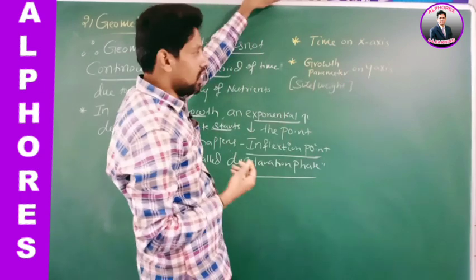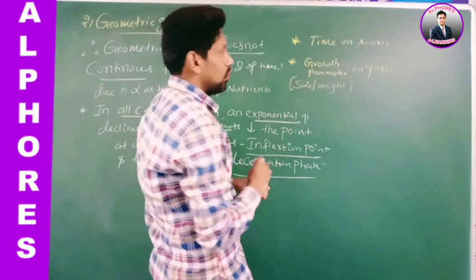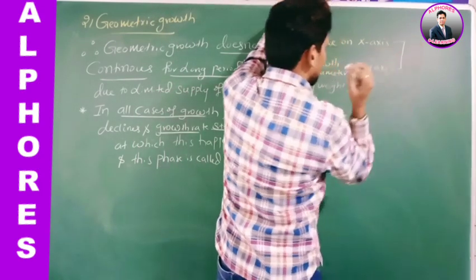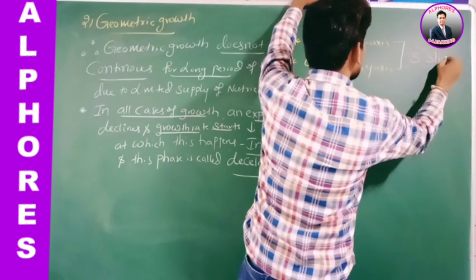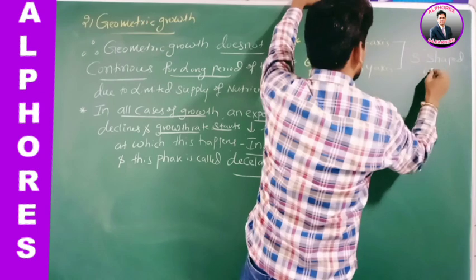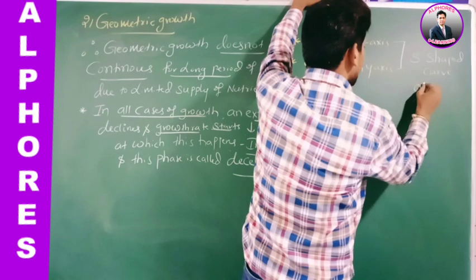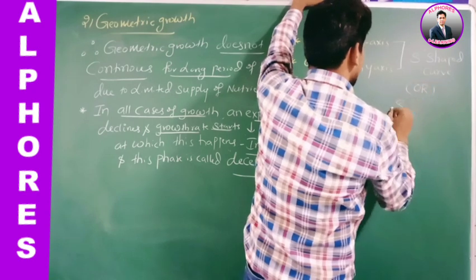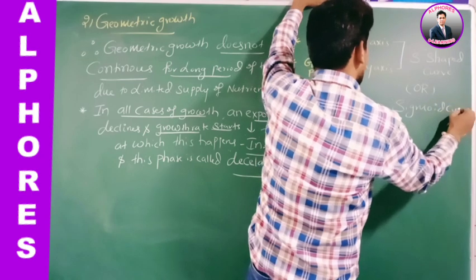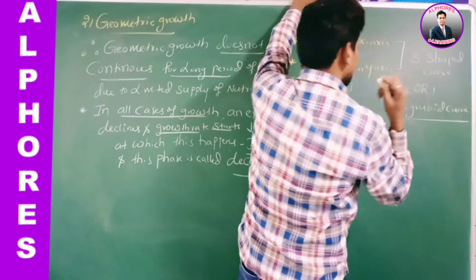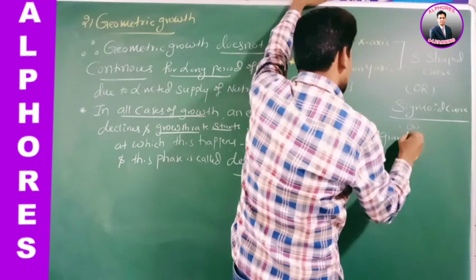Then we are going to get an S-shaped curve. This S-shaped curve is also called a sigmoid curve. It is also called the grand period curve.